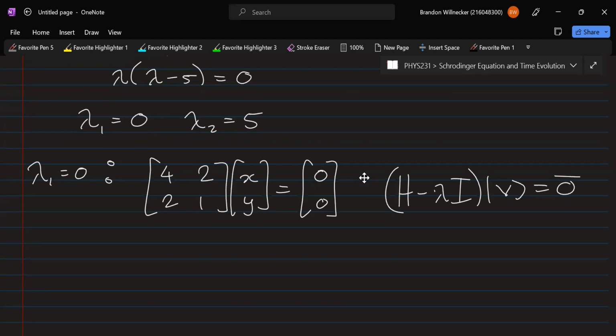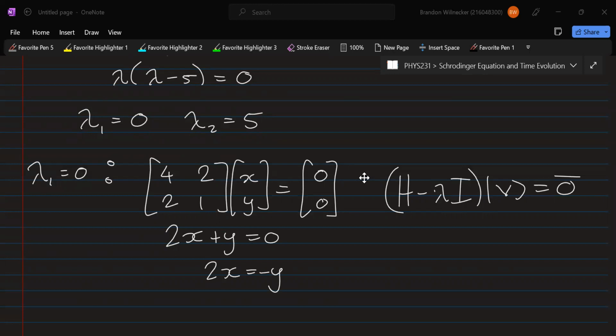The first row we see is a multiple of the second. So the 4, 2 and the 2, 1 are just multiples of each other. So the rows are dependent, so we can just use one of them to solve the problem. This gives us 2x plus y is equal to 0, so 2x is equal to minus y. One of these variables is free.